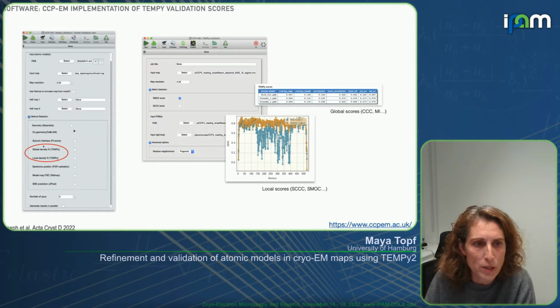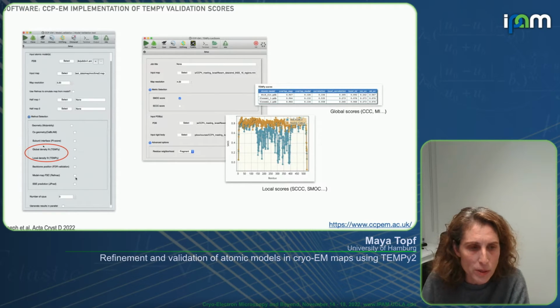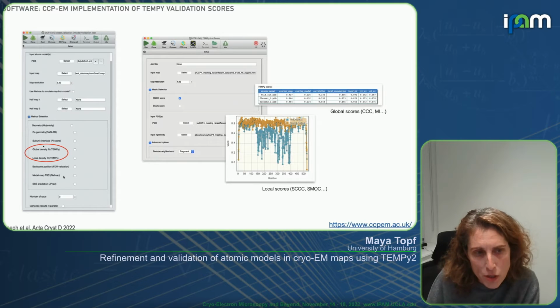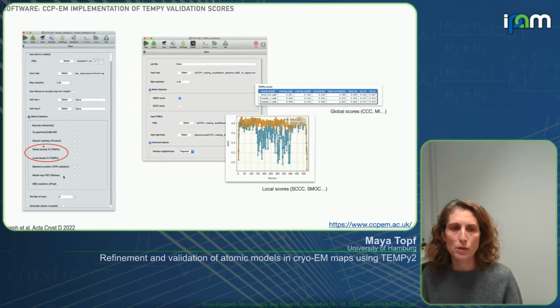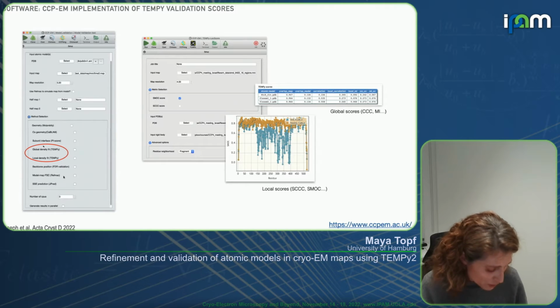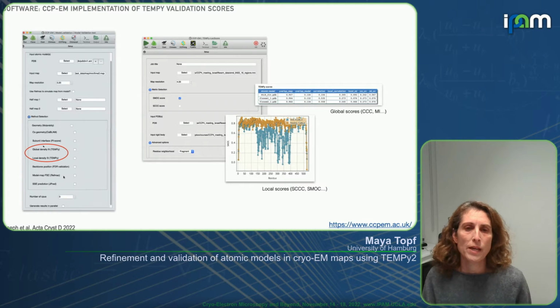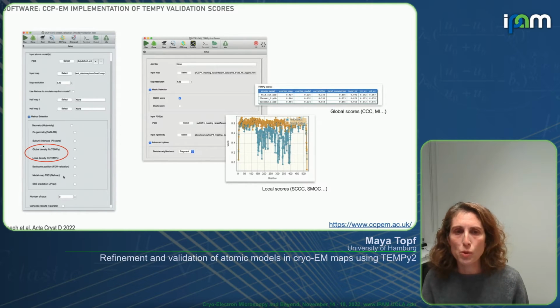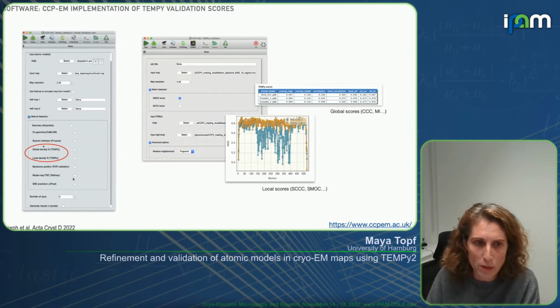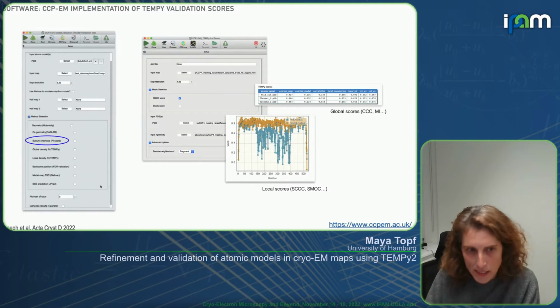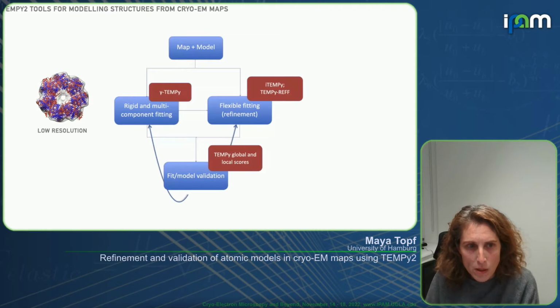So you can look at geometry, at the Kablam score, and at the secondary structure prediction to see if it agrees with your density assessment of your model. It really helps you to identify regions that have problems in your model. And as I said, you can also run the PI score via CCP-EM.